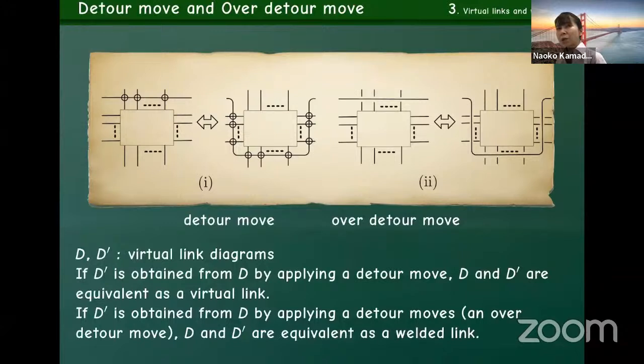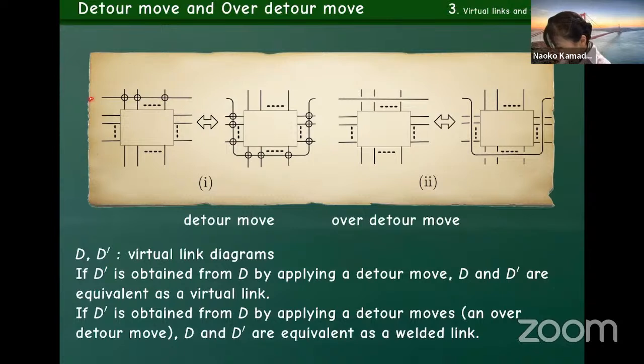As a consequence of these moves, we have the detour move and the over detour move. This is the detour move. This is the over detour move.